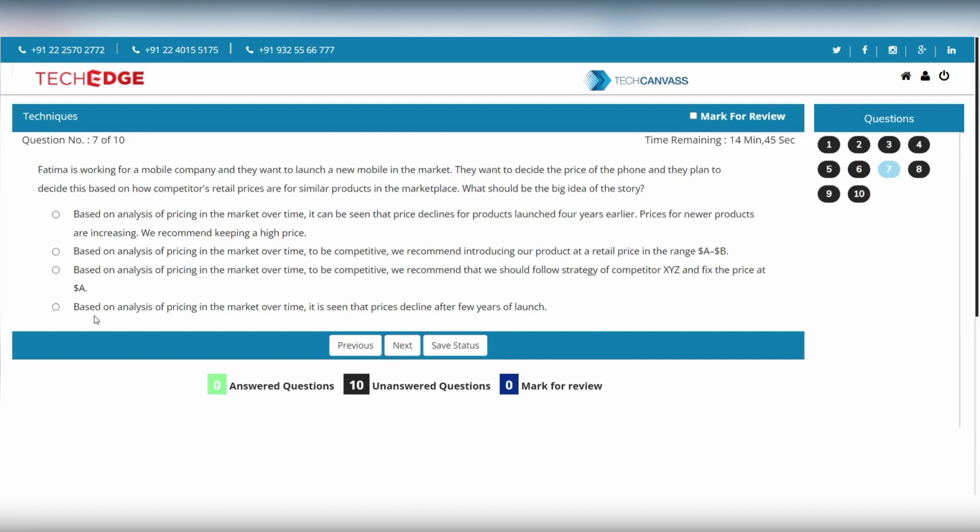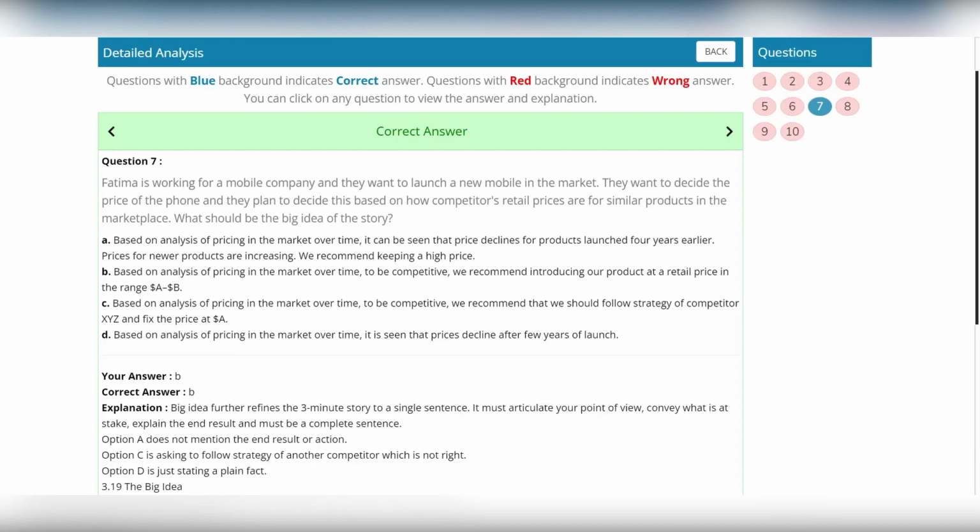And option D, based on analysis of pricing in the market over time, it is seen that prices decline after few years of launch. So this is a big question with longer options. So we will take some time to read the options. So for now, I'll go with option B and let's check the correct answer.